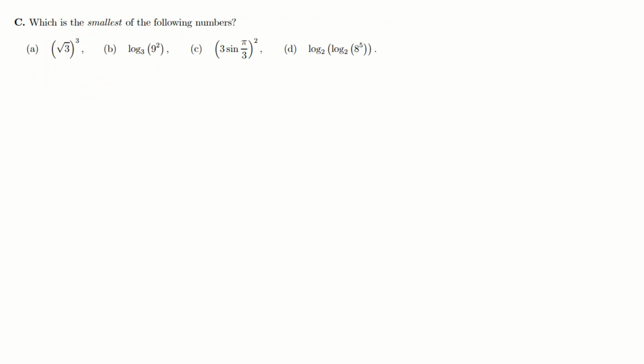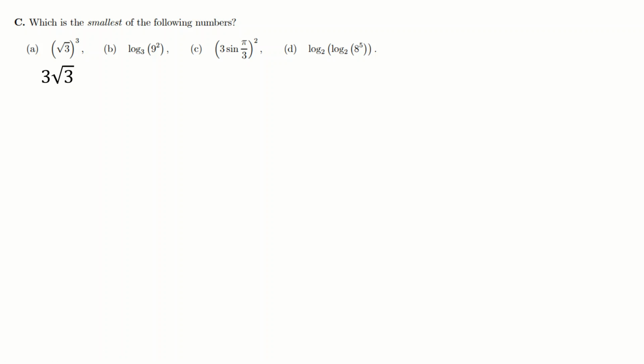Number C, so what's the smallest of these things? Well, we get out our engineer hats for some of this, and pretend that root 3 is about 1.5, so therefore this here, I mean it's 3 root 3, right, because it's root 3 times root 3 times root 3, the first root 3's make a 3, so it's 3 root 3. Pretend this is 1.5, now it's actually bigger than that. Maybe you just know it's about 1.7.